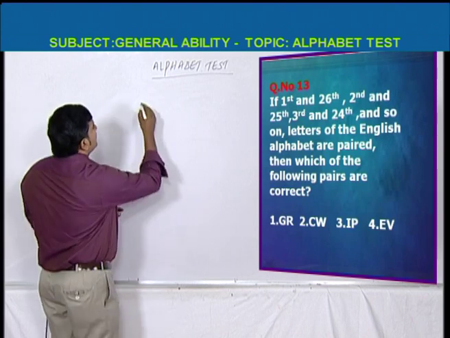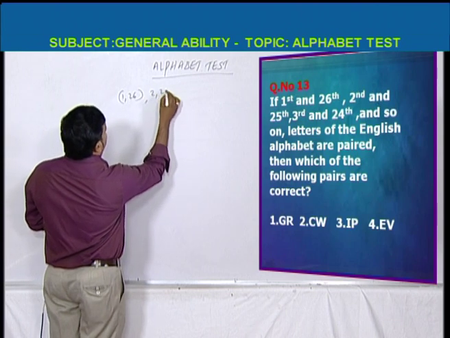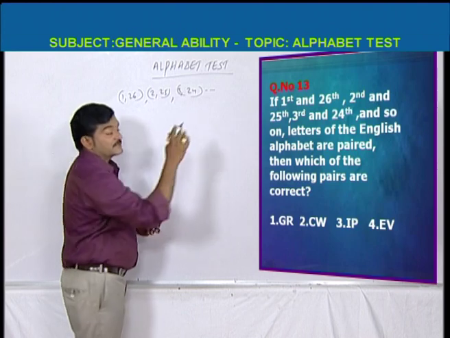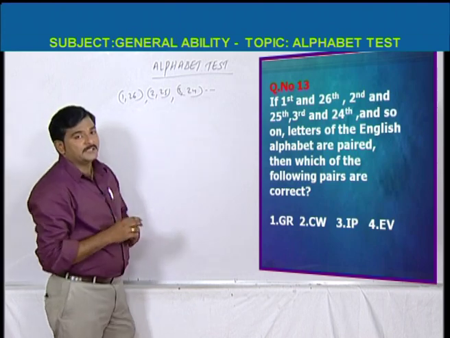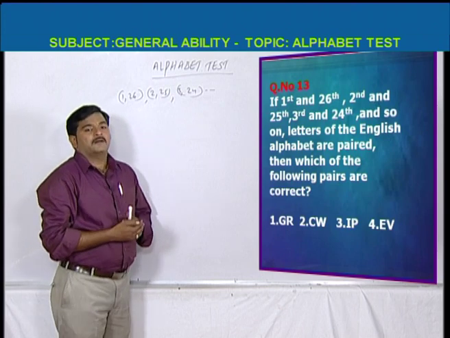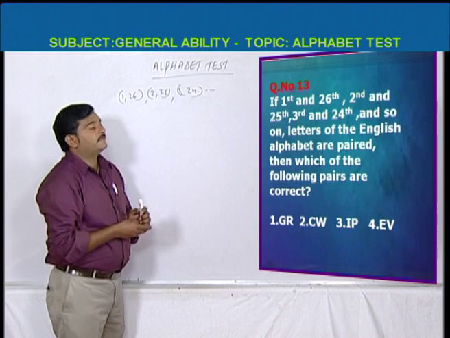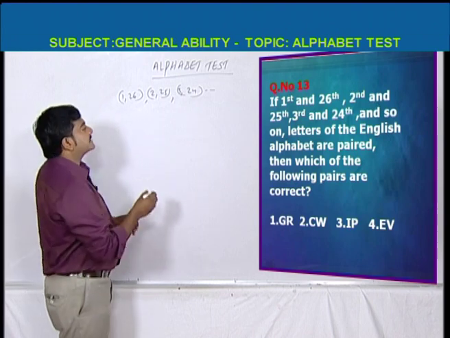Paired means what? First and 26th are paired, 2nd and 25th are paired, 3rd and 24th are paired, and so on in the English alphabet. That is the meaning of the given question. Then what he asked you to find, he gave 4 options: which of the following pairs are correct?